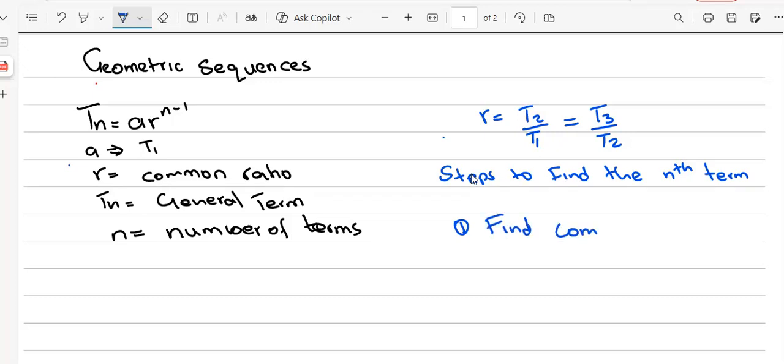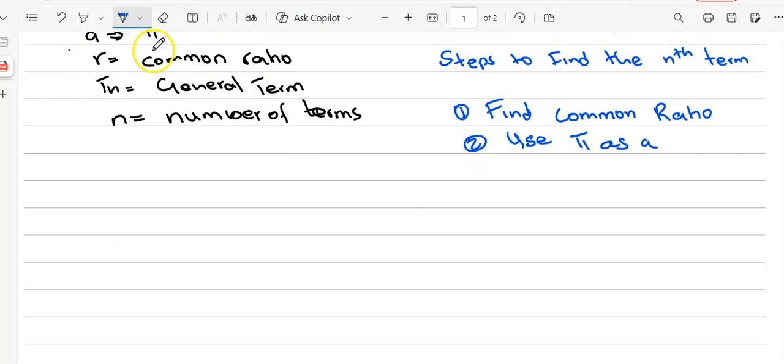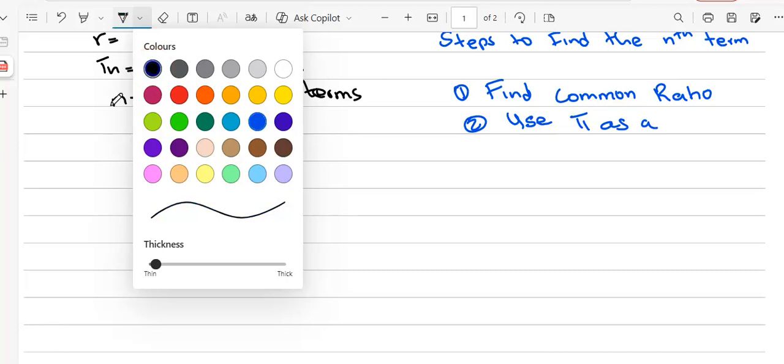Make sure that you know what the value of r is. Step number 2, use T1 as a. You're going to see when we do the example how we can follow these steps.